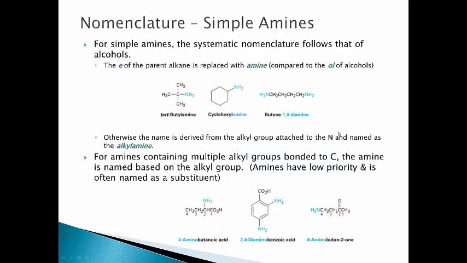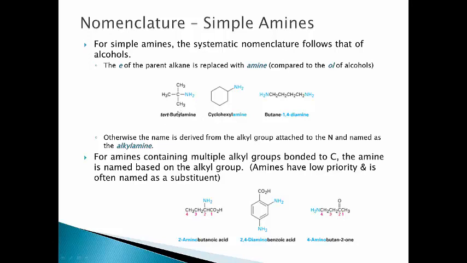Okay, so nomenclature for your simple amines. It's similar to naming your alcohols, okay, but instead of ol, you write amine. So it's like the example we saw a few slides ago. So we've got tert-butyl amine.